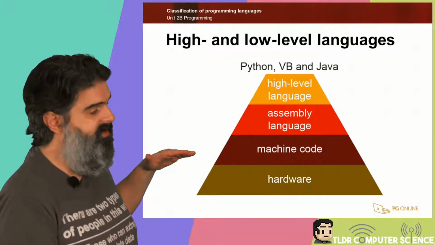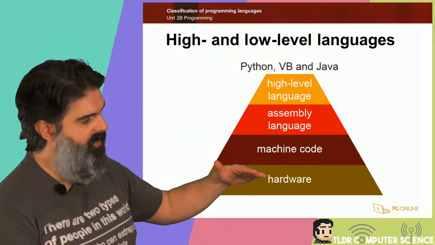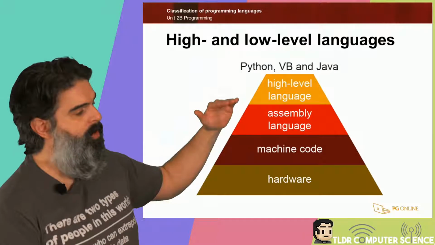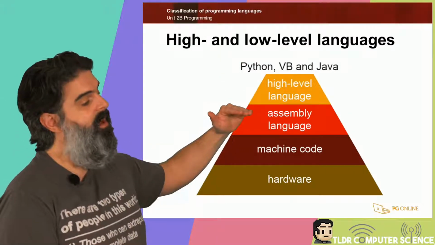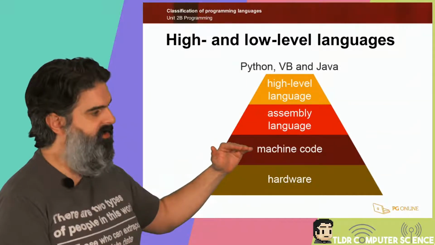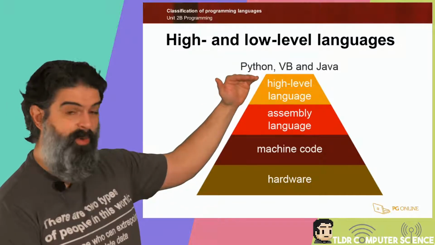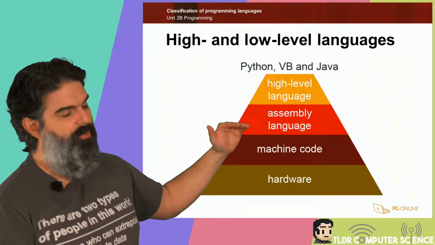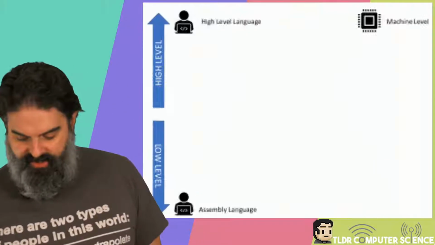Then we've got machine code that runs on it, so it's low level. High level languages like Python and VB are a long way away from how the hardware works. But assembly language is also a low-level language because it works closer to how the machine code works. So things like Python, Visual Basic, and Java are high-level languages, written in English. Assembly language, where you're using mnemonics, is low-level because it's closer to the machine level.